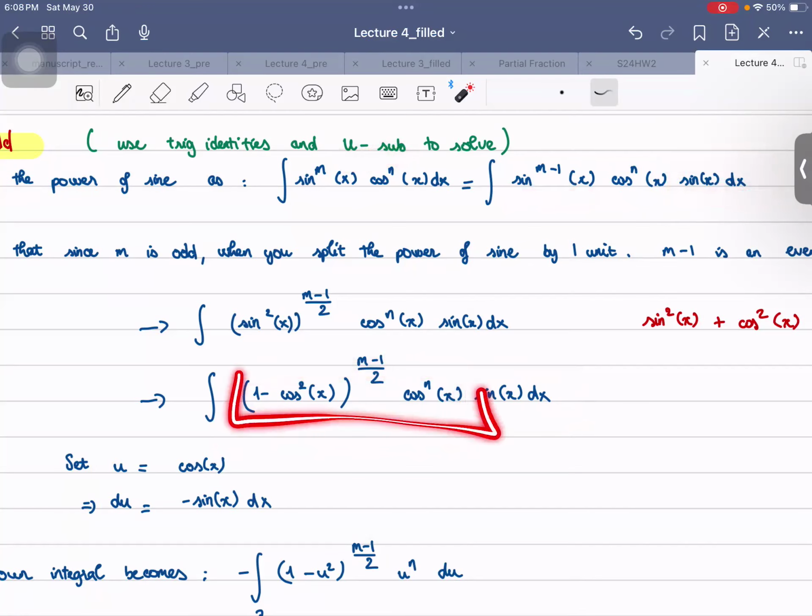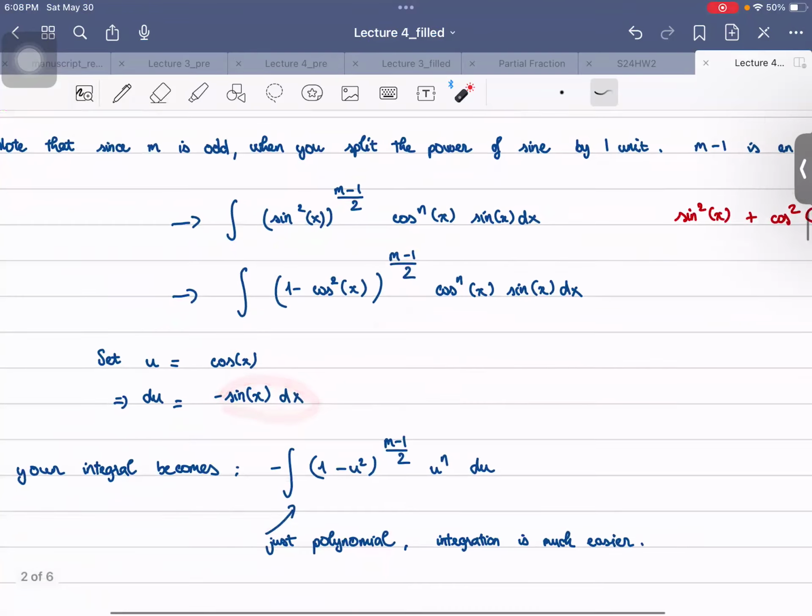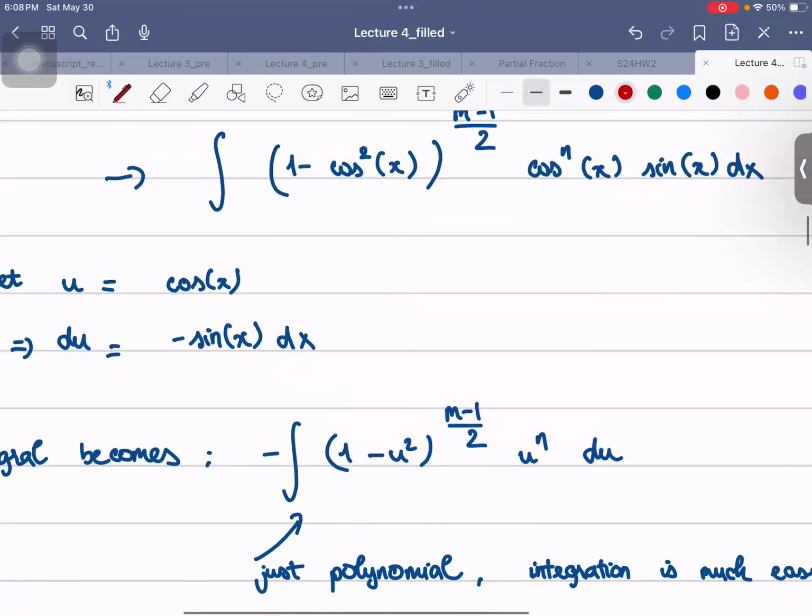So I introduce the new variable u as cosine. When I take the derivative, I have negative sine dx, so negative du is sine of x dx.